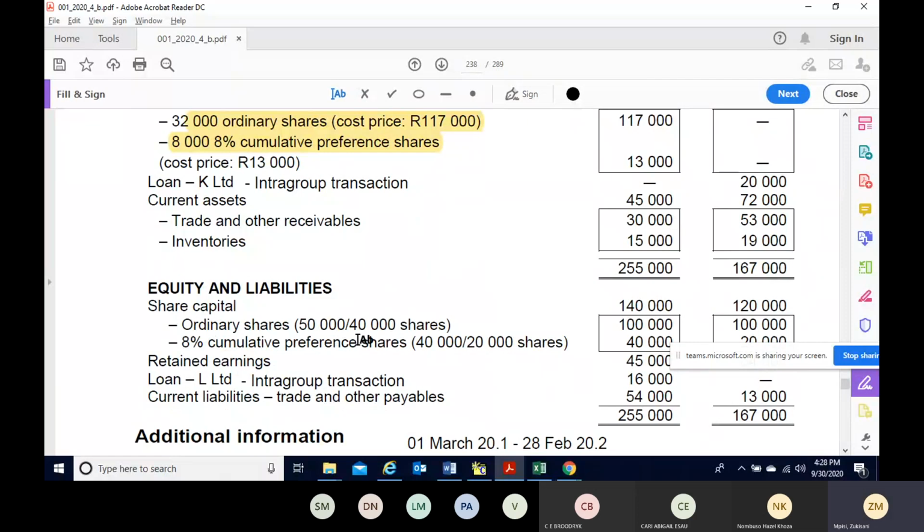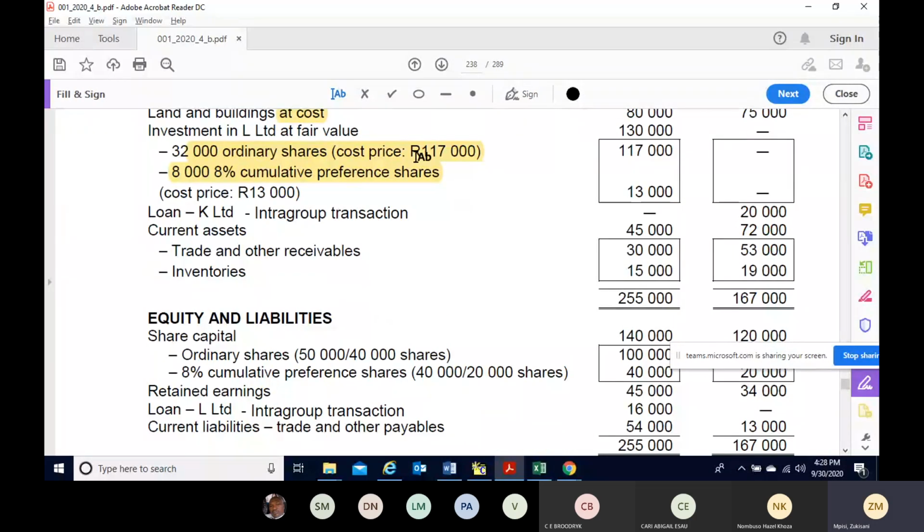So we've got here the values of the shares. Then we've got the investment here, where we can apply the number of shares to the number of shares that are sitting on share capital.